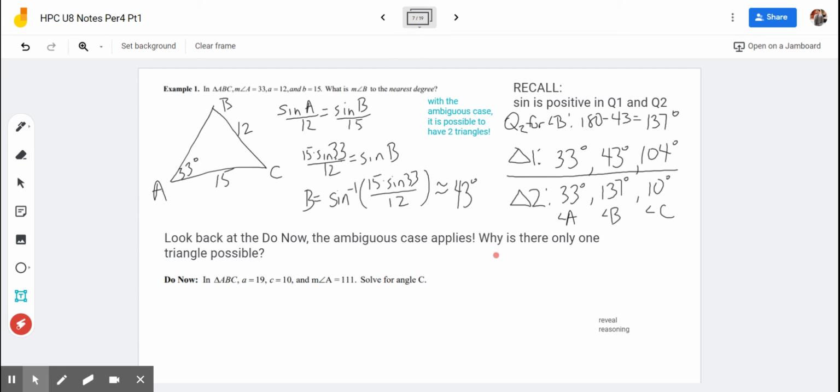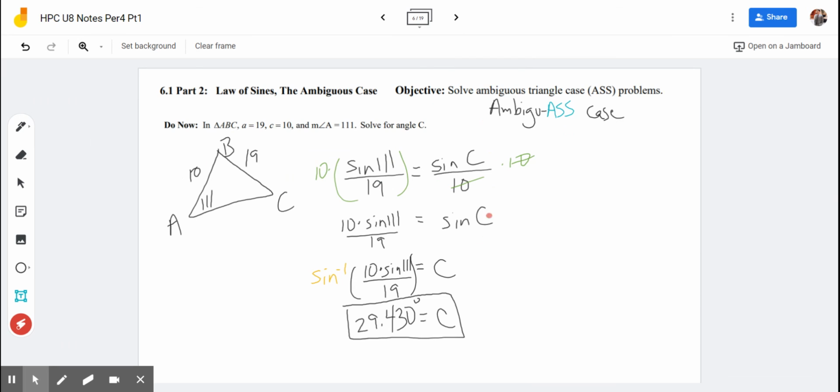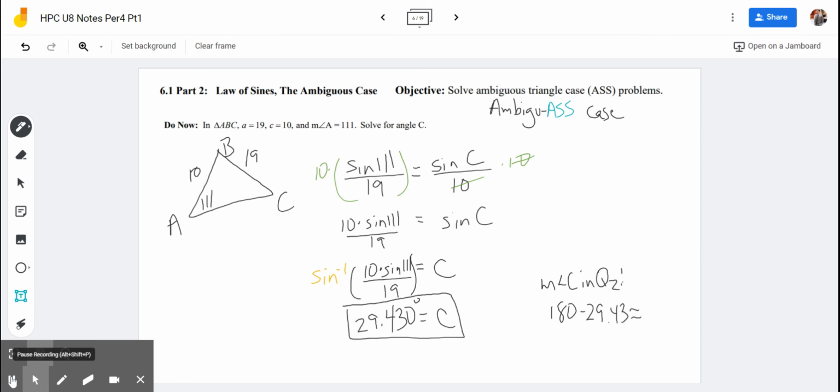Okay. So now looking back at the do now, the ambiguous case applies, right? Because we have a similar diagram. Why is there only one triangle possible? Well, let's take a look at what would happen if we were to try to find our secondary angle. The measure of angle C in quadrant 2 would be 180 minus 29.43, which is about 150.57 degrees.